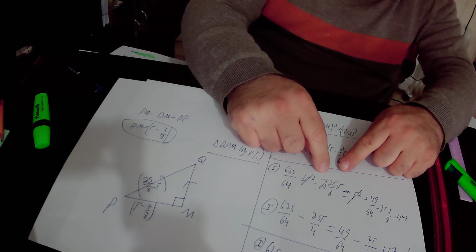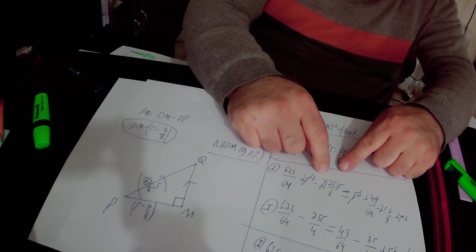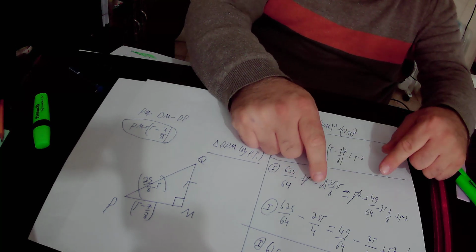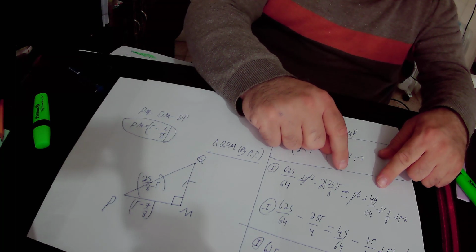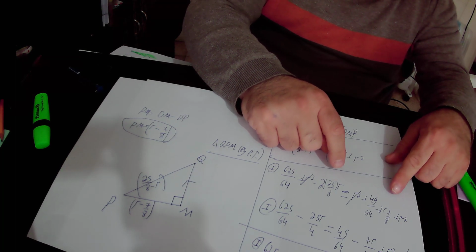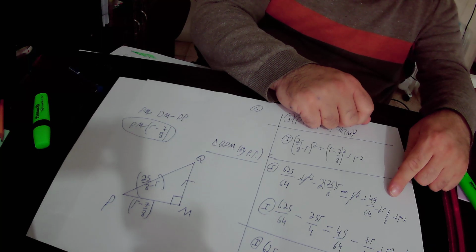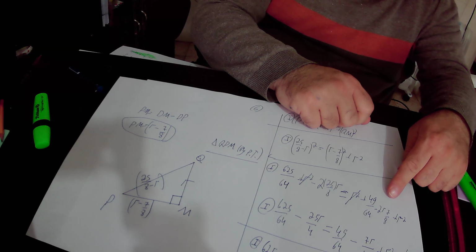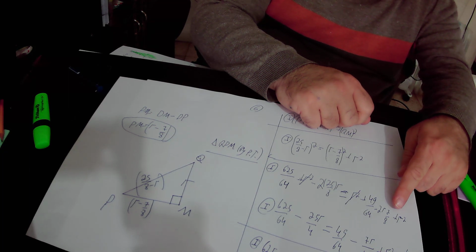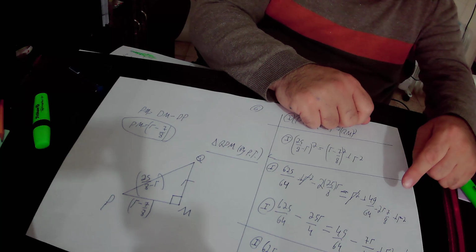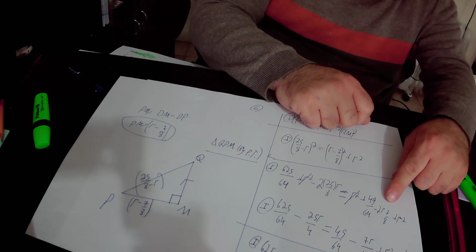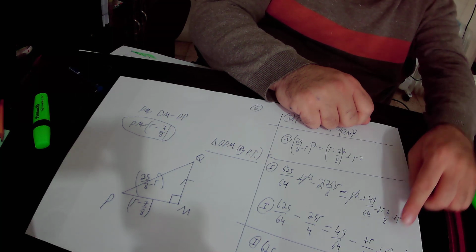So in conclusion, after we divide it by 2, this expression equals 25r over 4, and it is equal to 49 over 64, and here we have 2r times 7 eighths. We divide both the numerator and the denominator of this expression by 2. 2 over 2 is 1, so in the numerator we have minus 7r, and in the denominator we have 8 over 2, that is 4. So in conclusion, this expression equals 7r minus 7r over 4 plus r square.